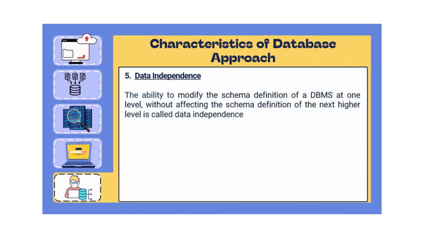It means the ability to modify the schema definition of DBMS at one level without affecting the schema definition of the next higher level is called data independence. We can say the ability to make changes to one level of database, meaning logical or physical database level, without affecting other levels, allowing for changes without impacting applications or user view.